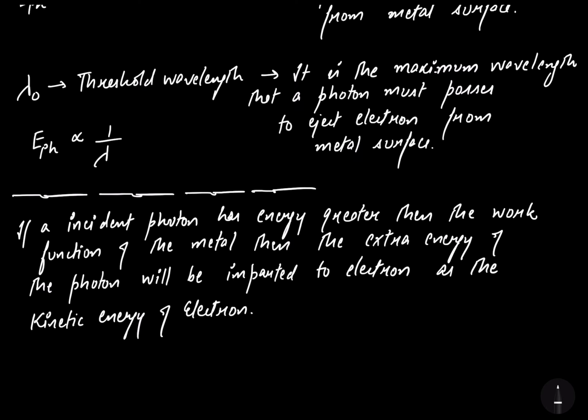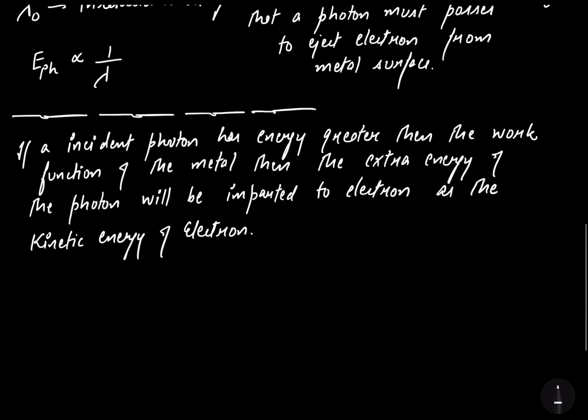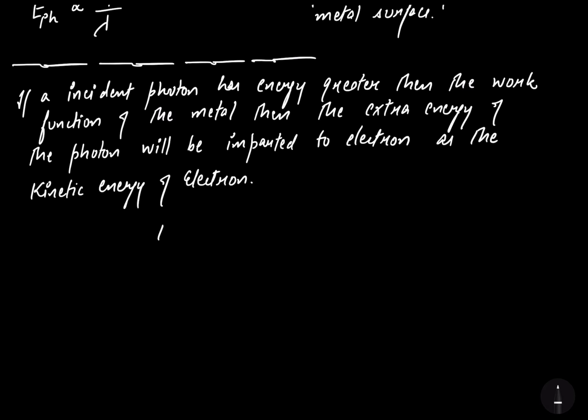So here what I have written, if an incident photon has an energy greater than the work function of the metal, then the extra energy of the photon will be imparted to electron as the kinetic energy of the electron. So energy of photon will be equal to phi plus kinetic energy of the electron.